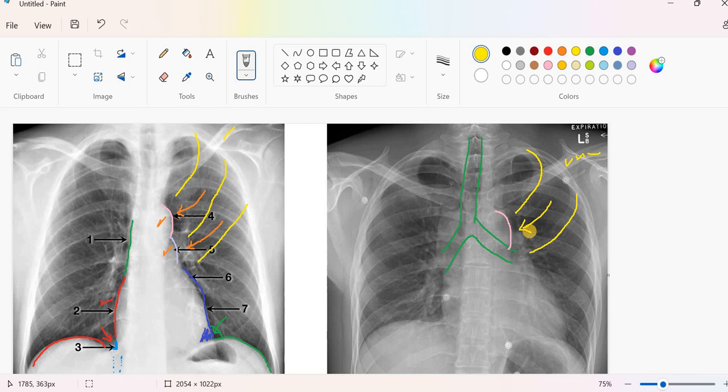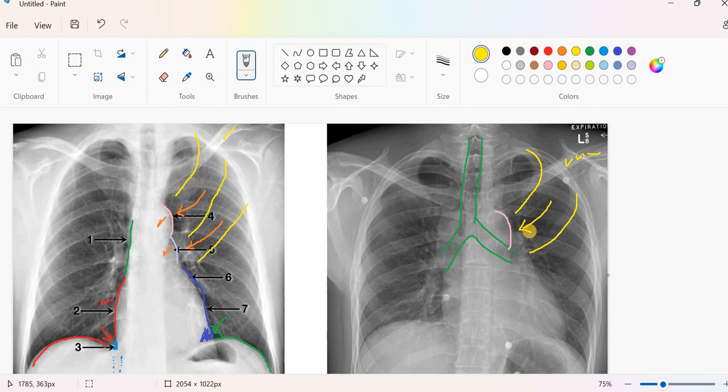So the aortic knuckle, you can know it by the spaces if the ribs are very clear and obvious and you can count them. Sometimes the exposure of the X-ray or the dose of radiation doesn't allow you to count the ribs clearly. So in case rib counting is not helping, if the trachea and bronchi are obvious, you can rely on the presence of the aortic knuckle just above the left main bronchus.